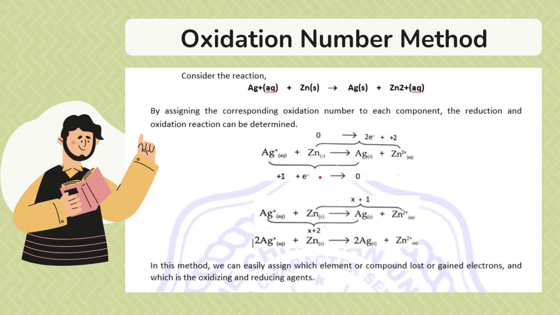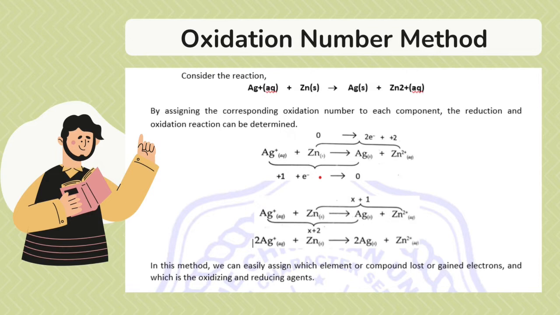On the other hand, we also have Zn, which is also an element by itself, so we use 0 as its oxidation number, and Zn2+ has a positive 2 oxidation number. It can be seen from the reaction that silver gained an electron while zinc lost 2 electrons.